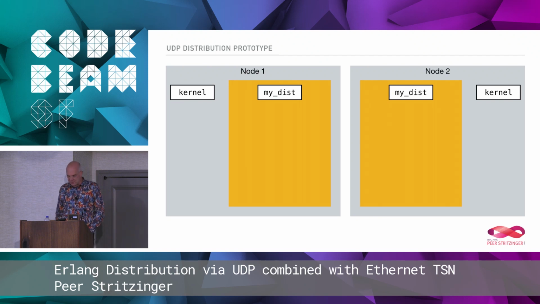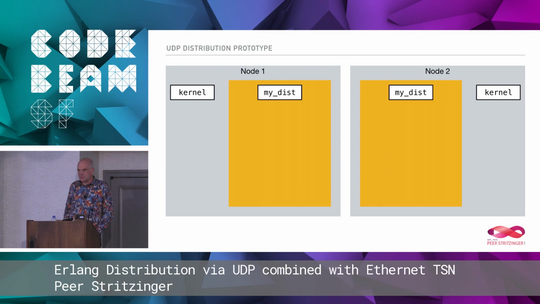So how does this work in a little bit more detail, but not so much detail as on the very confusing big diagram. Assuming we have two nodes, and in each node you have the kernel, which is responsible for actually doing the distribution stuff, and the yellow box is our distribution module, or anyone's, the plugged-in distribution module.